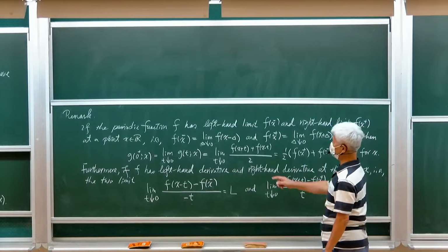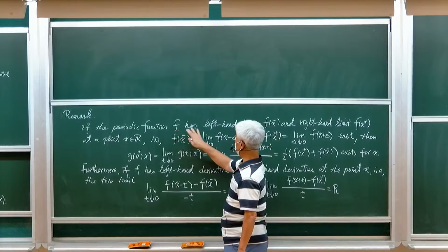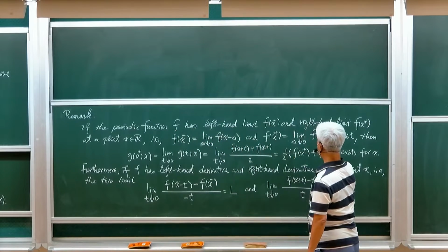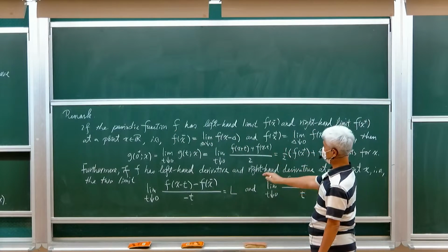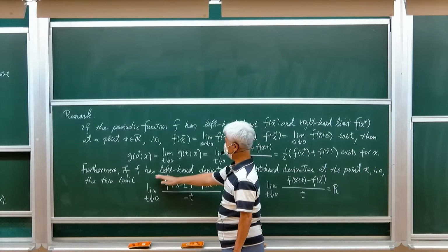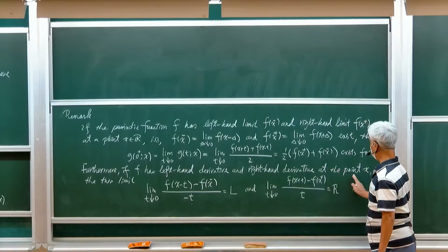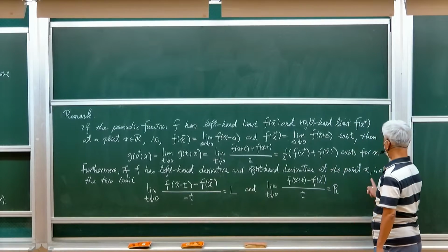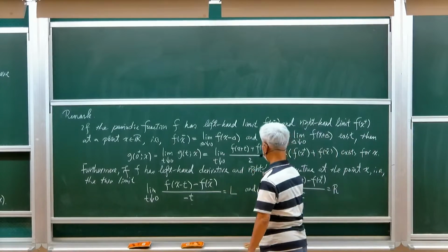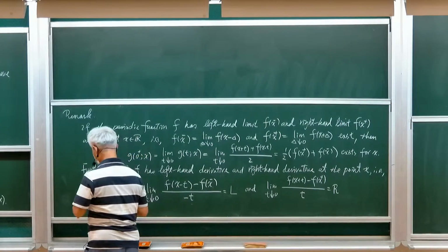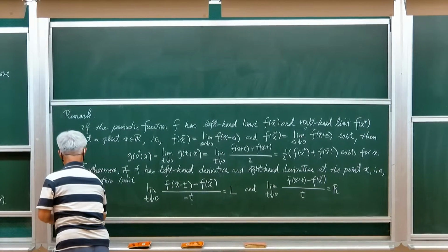So furthermore, it means that the periodic function has left hand limit and right hand limit already, and then we also assume f has left hand derivative and right hand derivative at the same point x. So that means these two limits exist.